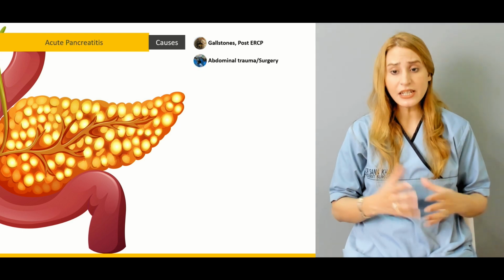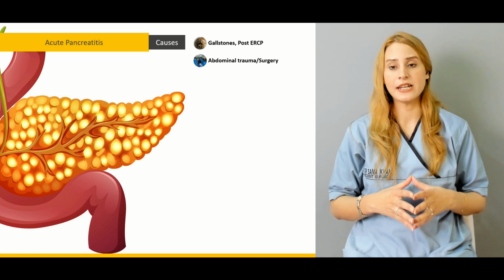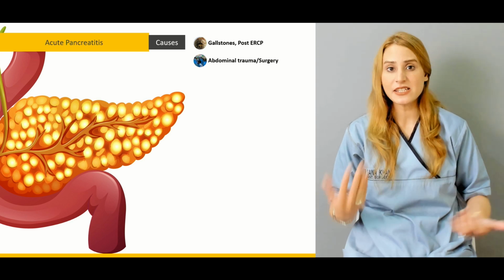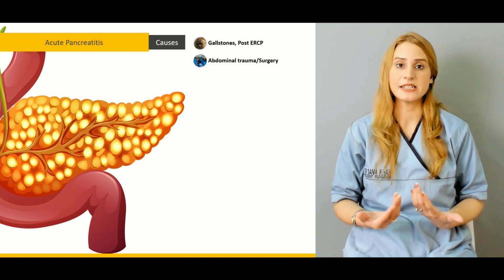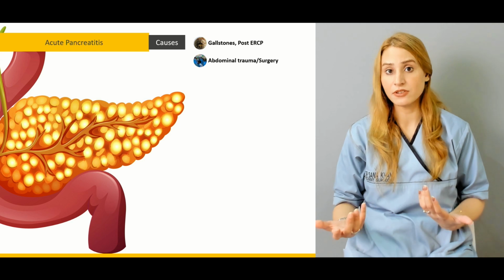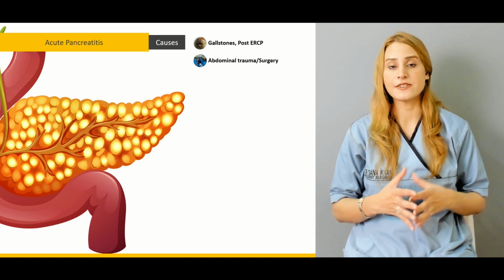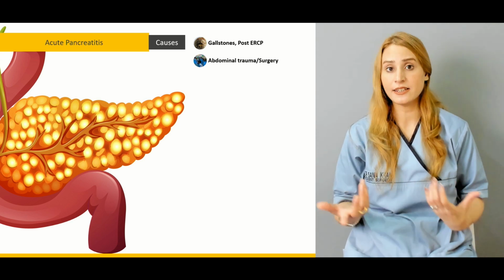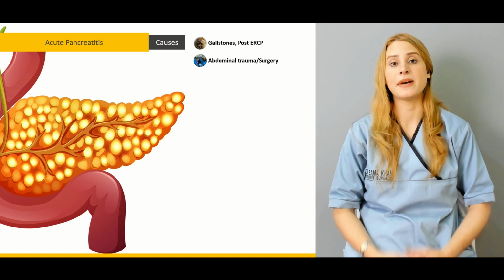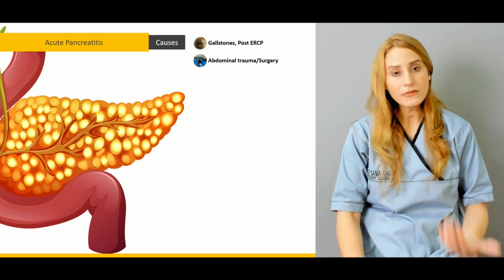The other cause of acute pancreatitis is any kind of surgery, but specifically surgeries related to the abdomen and the abdominal viscera, or related to the gut. After the surgery, there's a likelihood that the pancreas is going to become inflamed, and the patient will complain of acute pancreatitis.